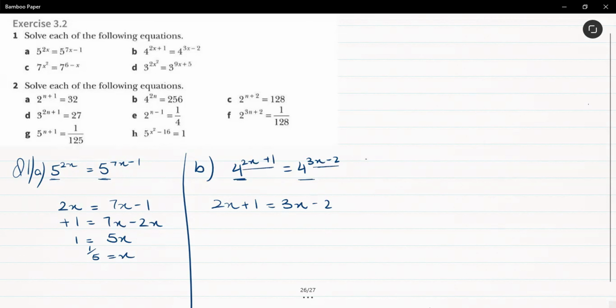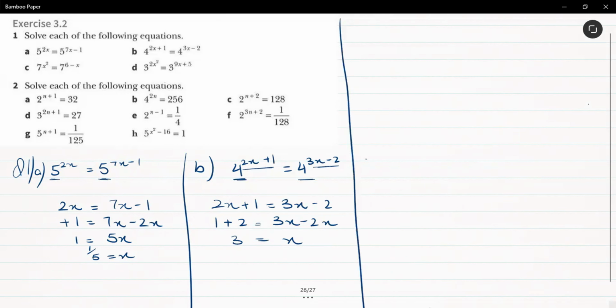So 1 plus 2 equals 3x minus 2x. So 3 is equal to x, and that's it. This is our answer for part B.